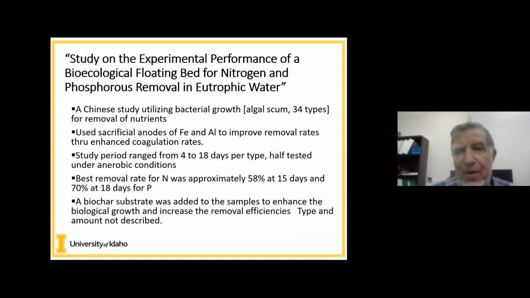Their study period ranged from 14 to 18 days per type, half of which were tested under anaerobic conditions and the other half under aerobic conditions. The best removal rate that they found for nitrogen was 58% at 15 days and 70% at 18 days for phosphorus. A biochar substrate was added to the samples to enhance their biological growth and increase removal performance. It's interesting, however, to note that they did not identify the type or the amount of the biochar substrate that was added. It seems to me like this was a fairly important item that was not presented.